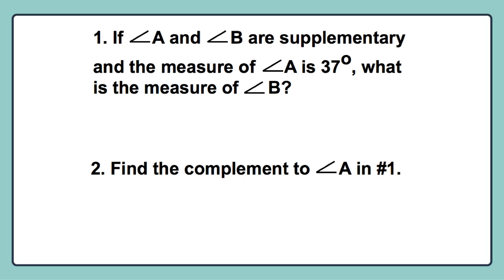Okay, so it is telling me that angle A plus angle B is 180 degrees. That's supplementary. Then it continues to say that the measure of angle A is 37. All right, so I've got 37, and I don't know what angle B is. Notice how the equations appear?